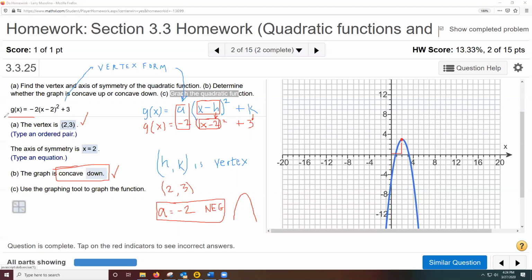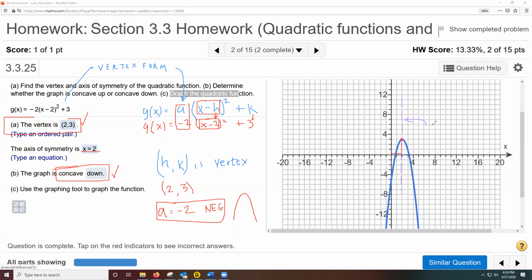All right, well, let's go over here because now they want something called the axis of symmetry. Notice it says x equal 2. Well, you might remember the equation x equal 2 is a vertical line. So x equal 2 is going to be this vertical line. So this vertical line that goes right through the vertex, we call the axis of symmetry.